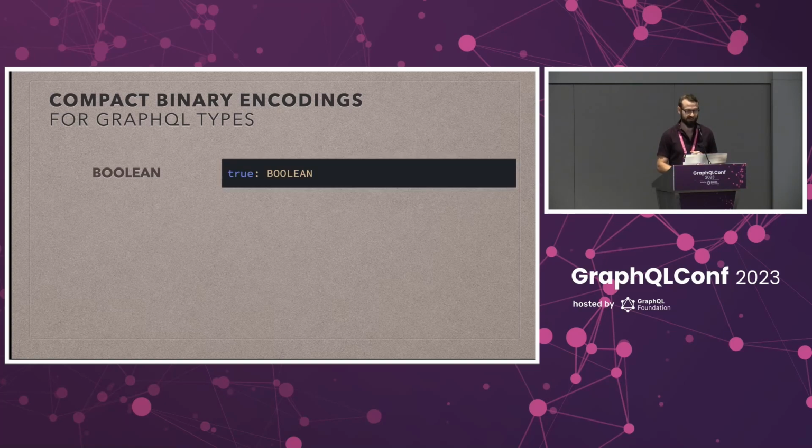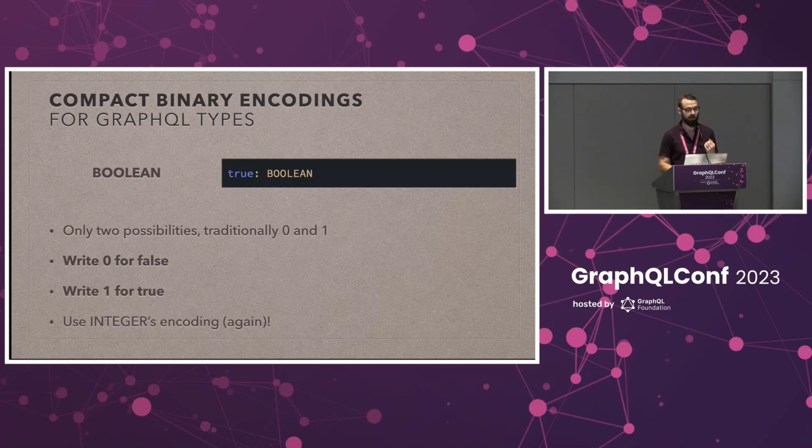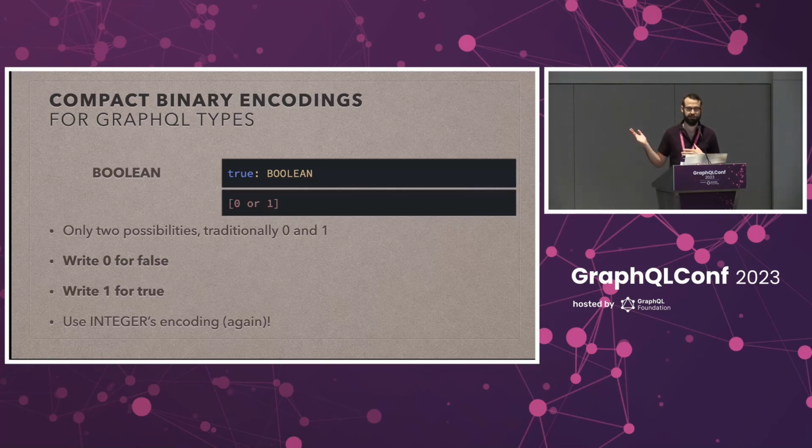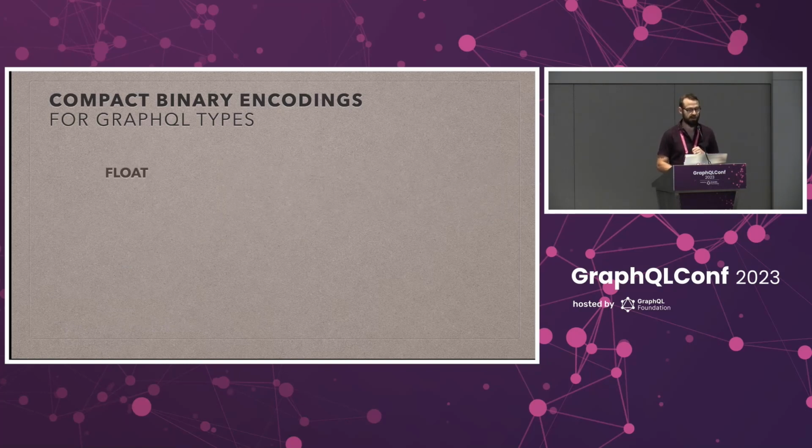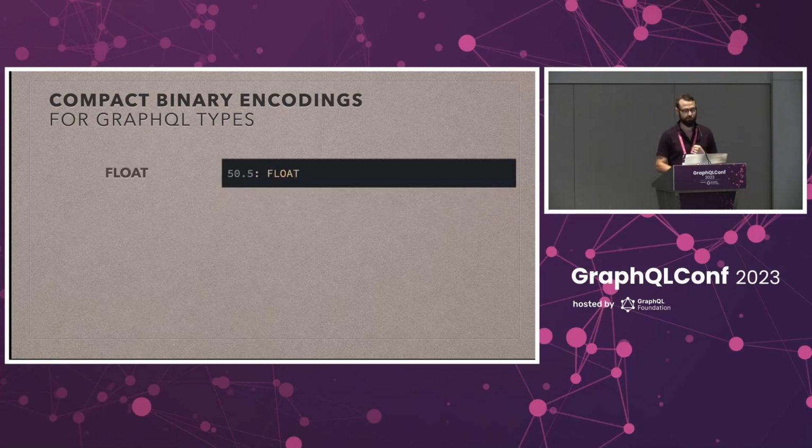Boolean is very easy. There's only two possibilities, traditionally 0 and 1, so let's just write 0 for false and 1 for true. Again, we'll use integers encoding, which will look something like this, and this is only ever going to use a single byte, so that's pretty small. Booleans are very easy. There's also floats, which we can use for like decimals. Floating point values, again, very well studied.